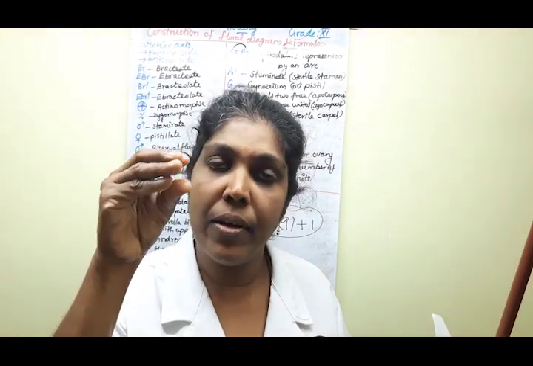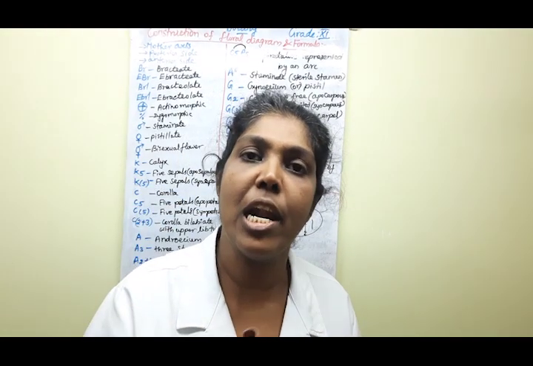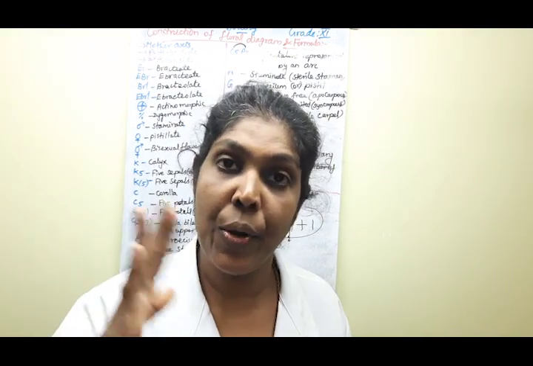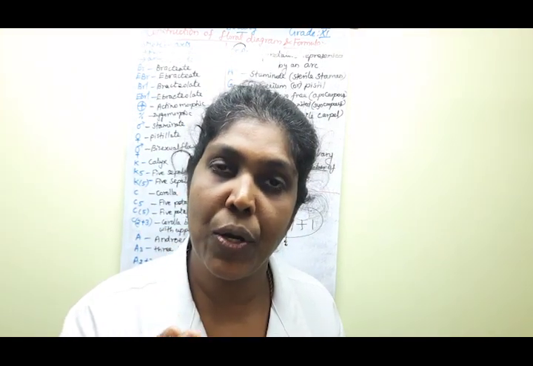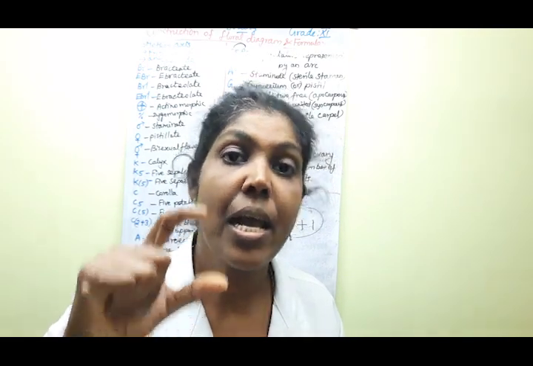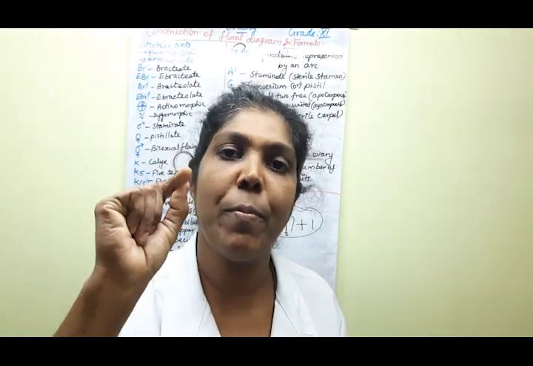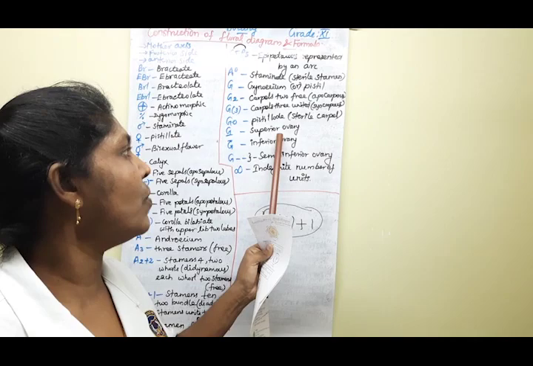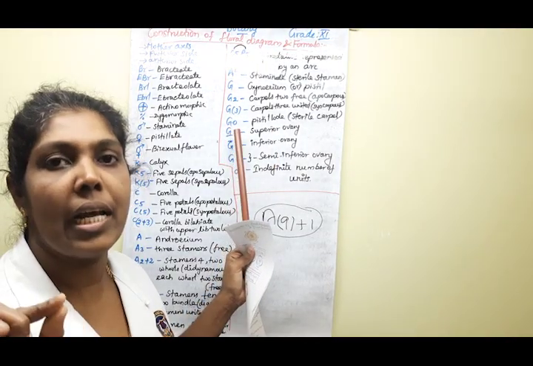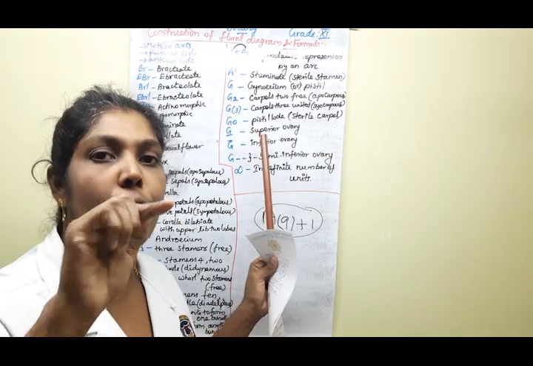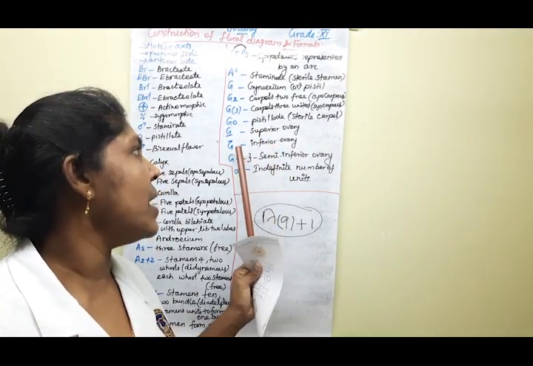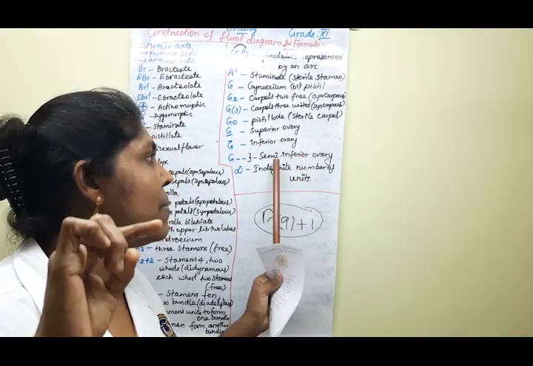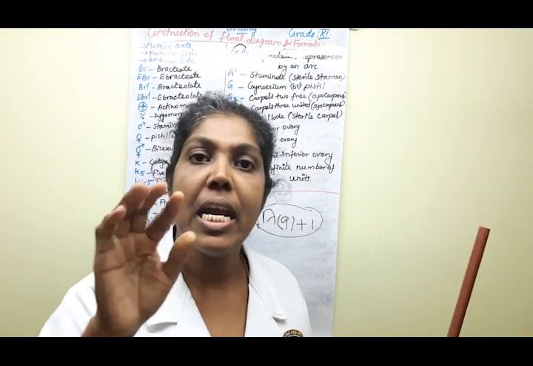The next essential part of the gynoecium representation is that finally you must mention the position of the ovary. Already you know that if we take a LS section, at that time you can identify the position of the ovary. Based on that, you have to mention it in the floral formula. If it is a superior ovary, you write the letter G and draw a line below it. For an inferior ovary, there is a G with a line drawn above it. For a semi-inferior ovary, it is a G with 2 dashes at the side.